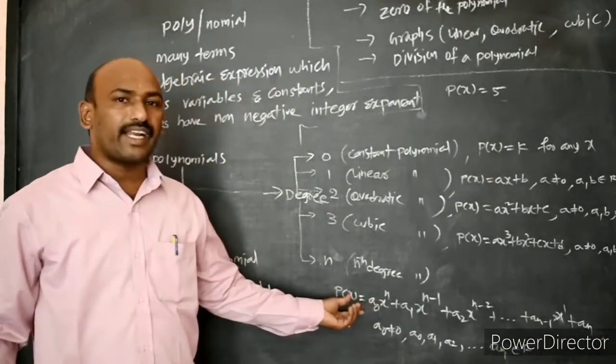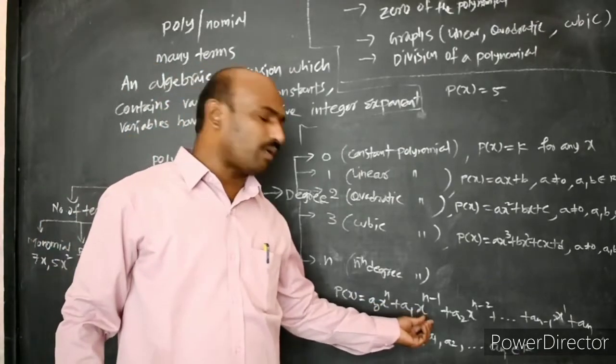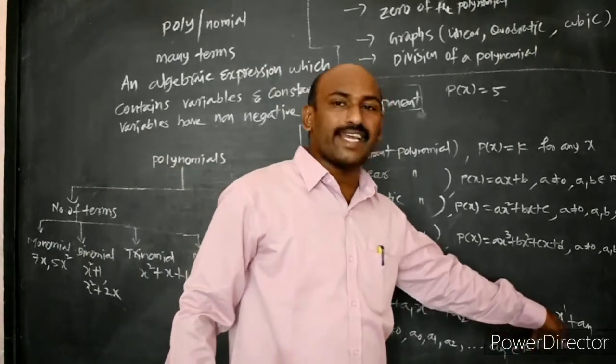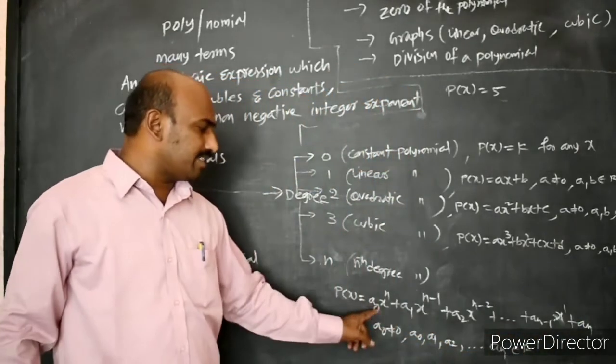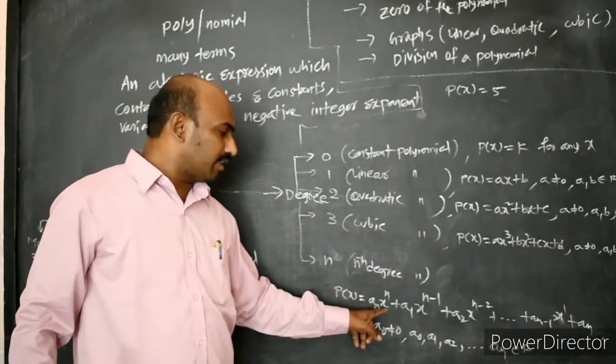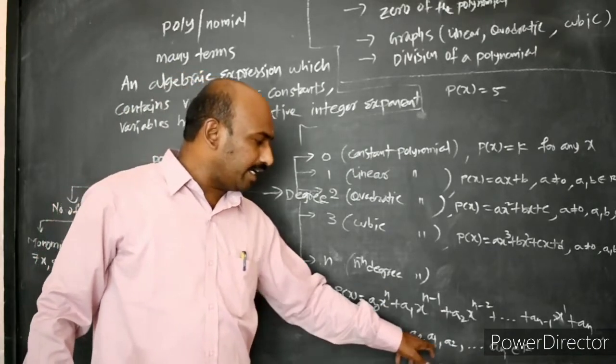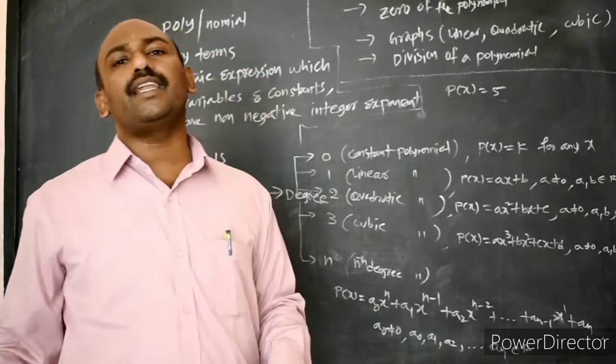We write a naught x power n plus a1 x power n minus 1 plus a2 x power n minus 2 up to an minus 1 x plus an. Here the condition is that the highest variable coefficient cannot be equal to 0. A naught cannot be equal to 0, and a naught to an all belong to real numbers.